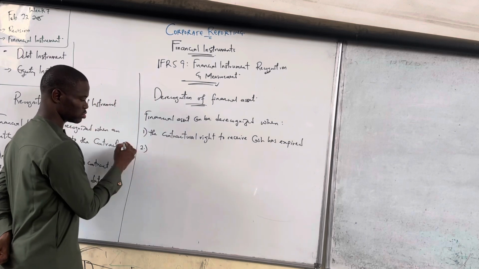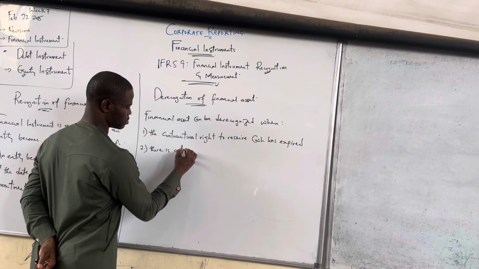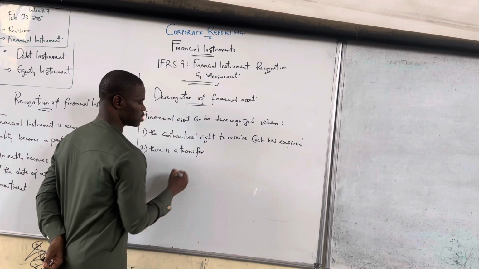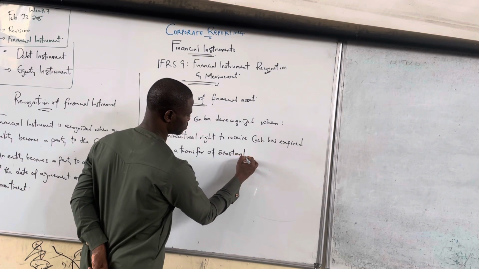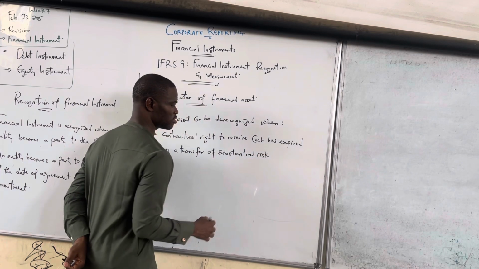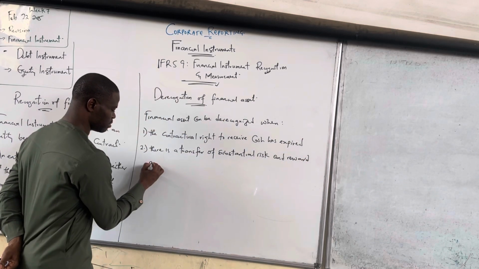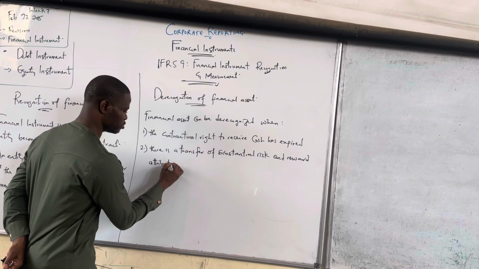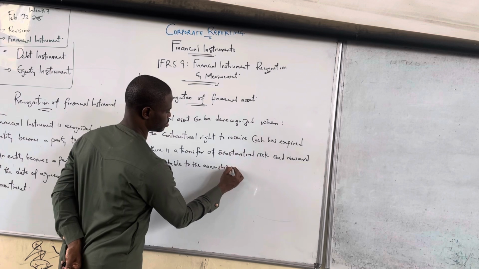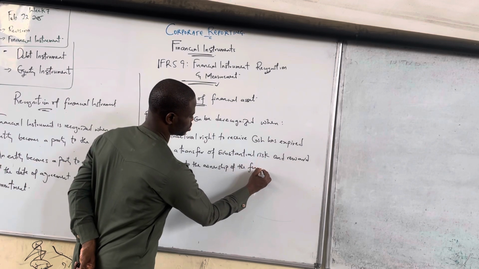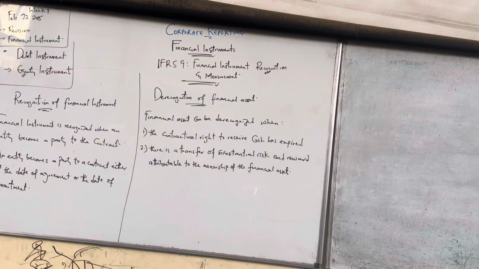Number two, there is a transfer of substantial risk and reward attributable to the ownership of the financial asset.